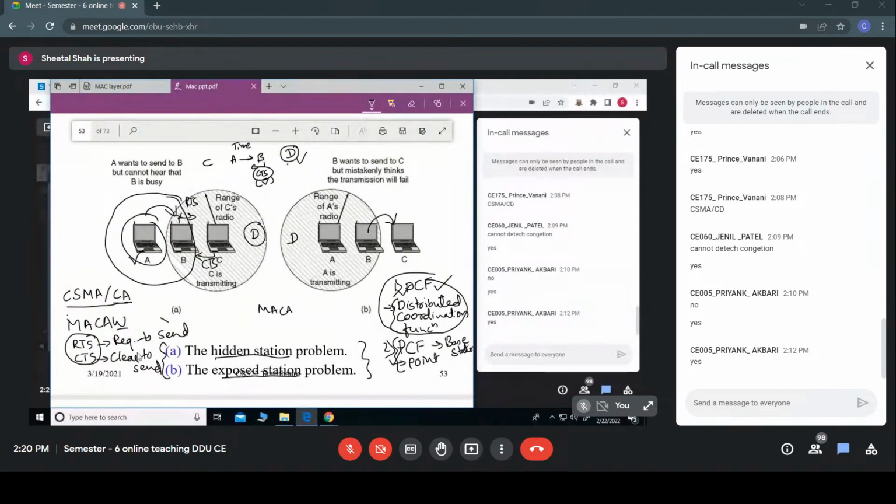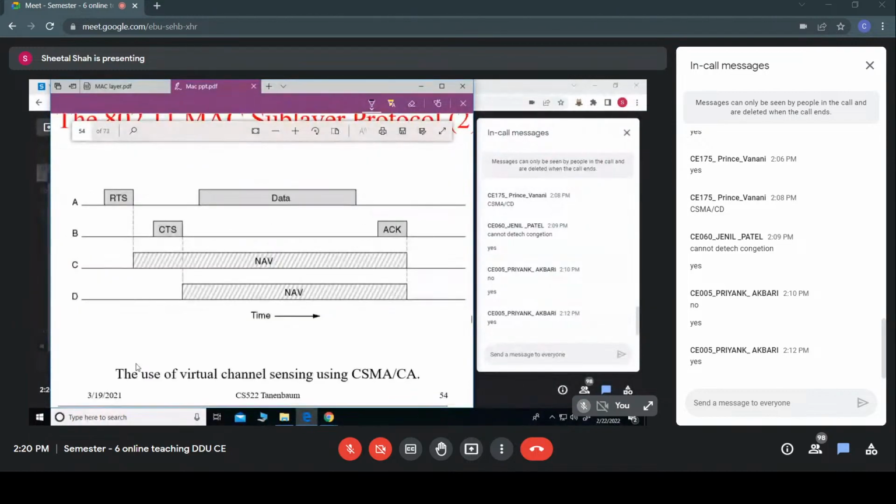It is not just a signal, but it also provides the time up to what extent this channel would be occupied. Fine. So you can see that station A is sending the RTS signal. In response to that, B sends the clear to send signal in response to this RTS signal.